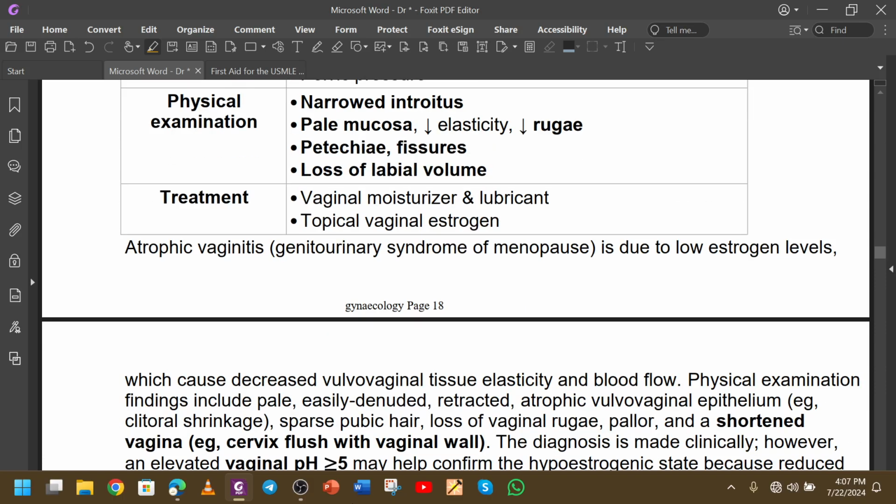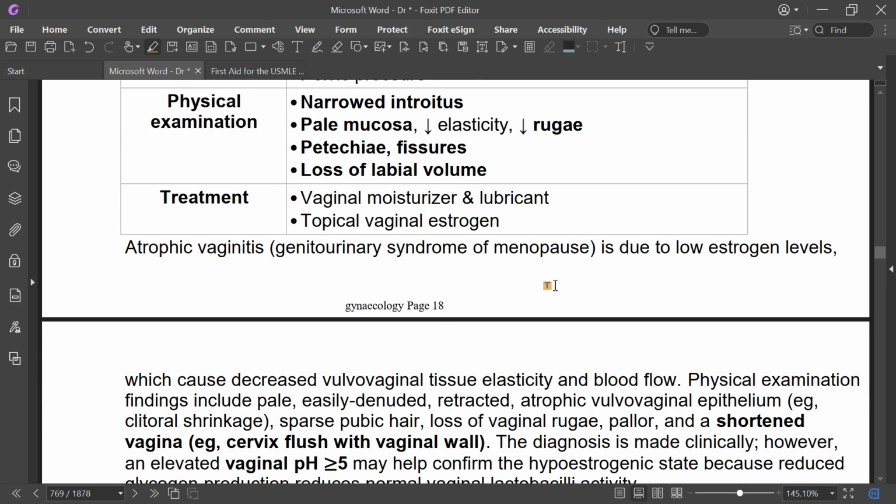Atrophic vaginitis, or genitourinary syndrome of the menopause, is due to low estrogen, which causes decreased vulvovaginal tissue elasticity and blood flow.